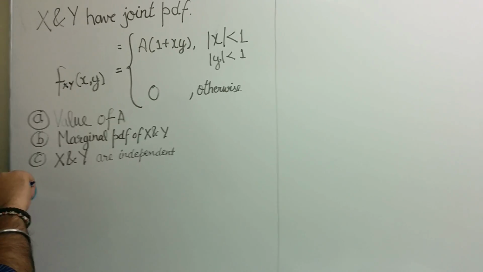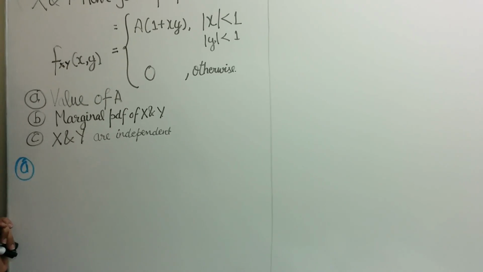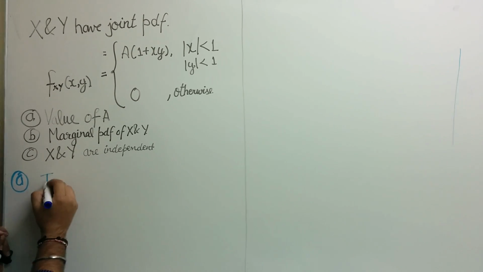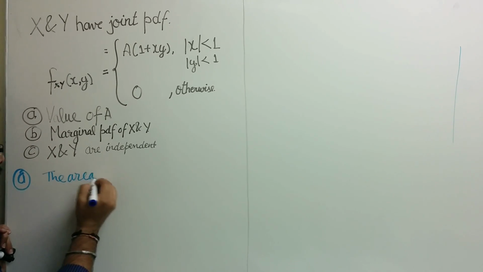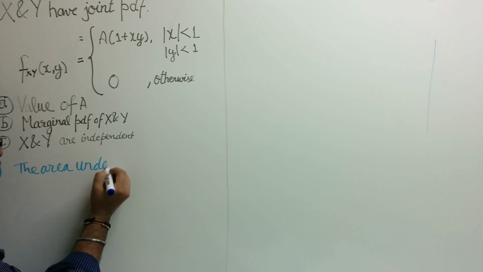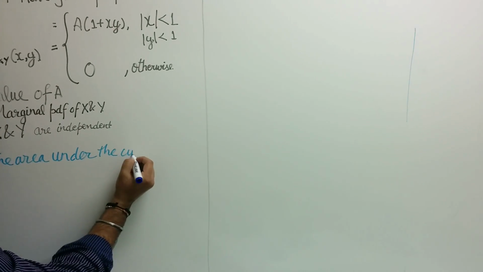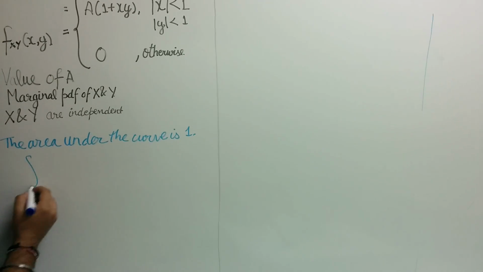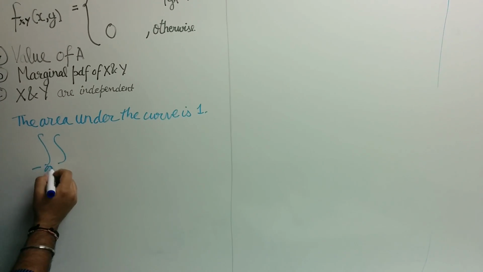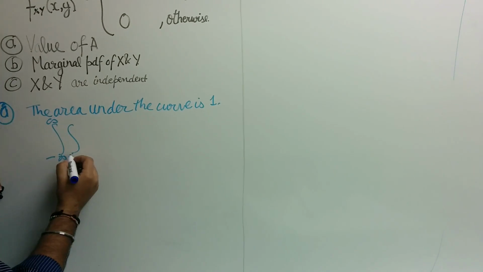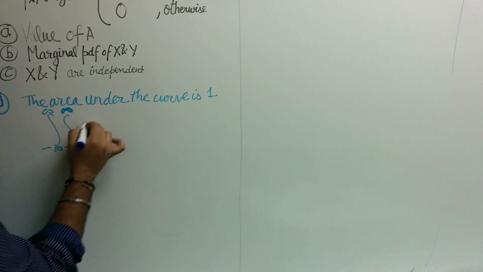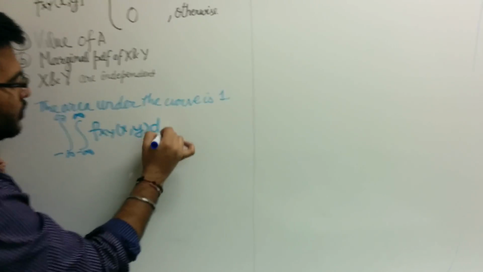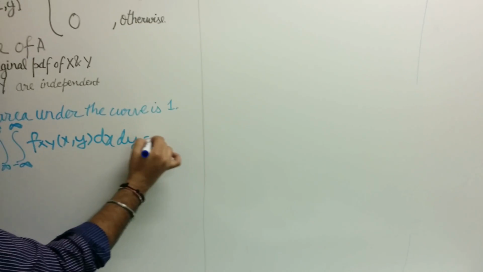For calculating the value of a, we will use the property of the probability density function, that the area under the curve is 1. So that is the integral from minus infinity to infinity, minus infinity to infinity, of the joint PDF f_XY(x,y) dx dy equal to 1.